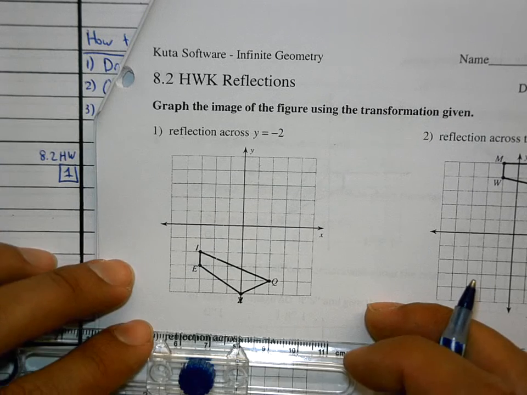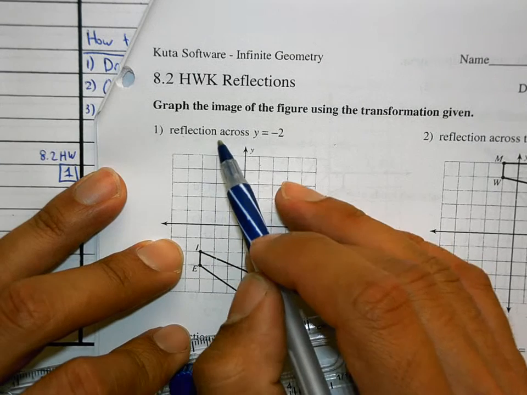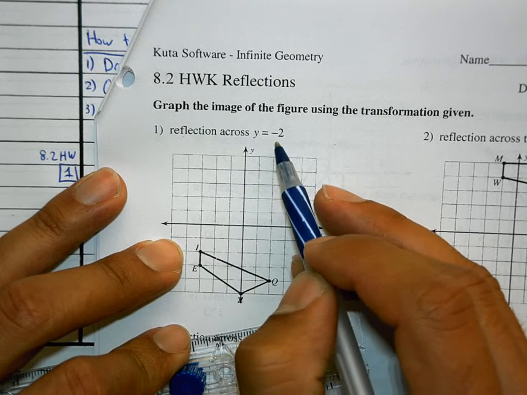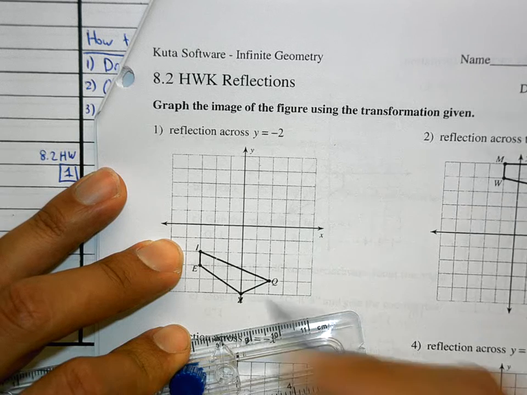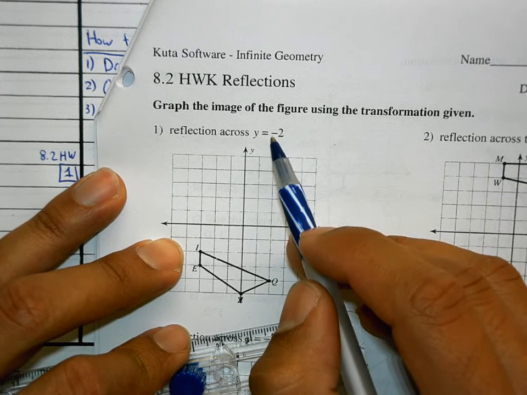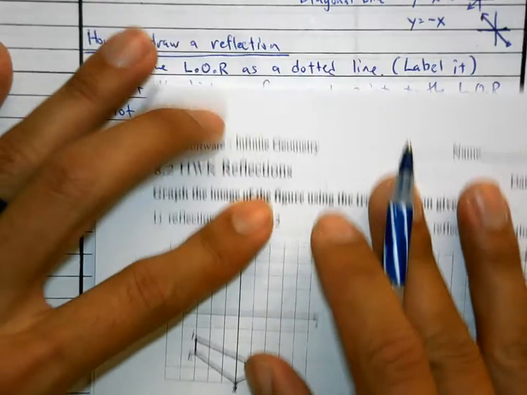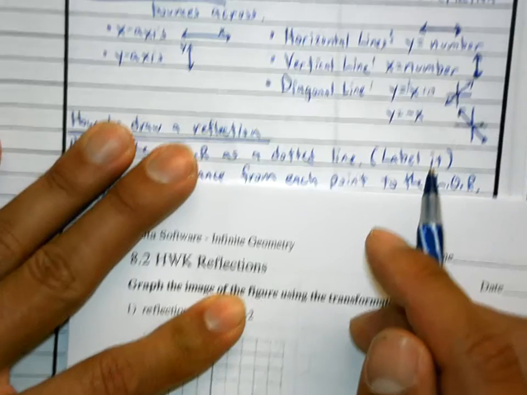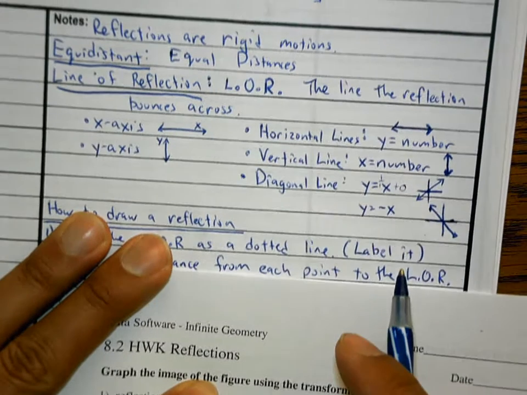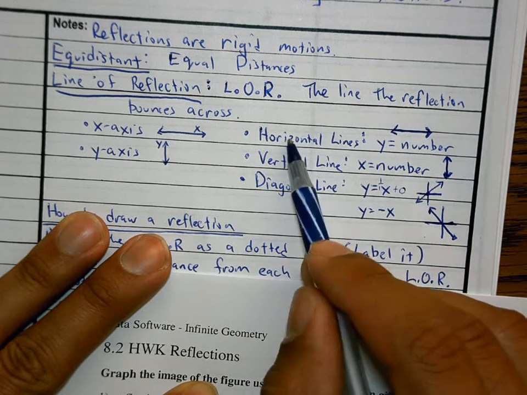So here we go for number 1. This says we're going to do a reflection across y equals negative 2. So I need to graph y equals negative 2. If you're not sure how to graph it, I recommend you look back at your notes. When it says y equals a number, that makes a horizontal line.